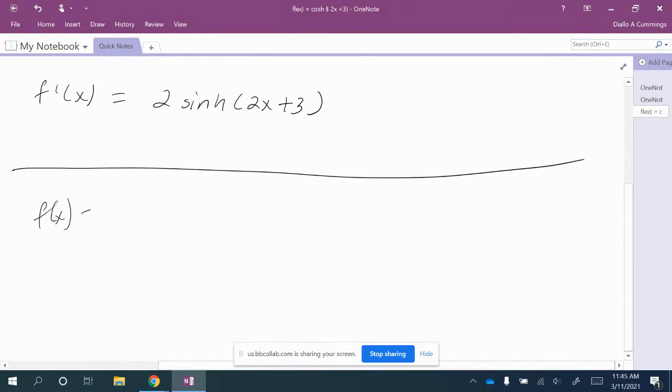So f of x is equal to the hyperbolic tangent of 5x plus 1. And that should be the first derivative.